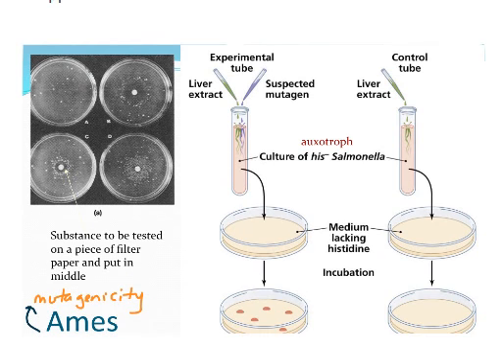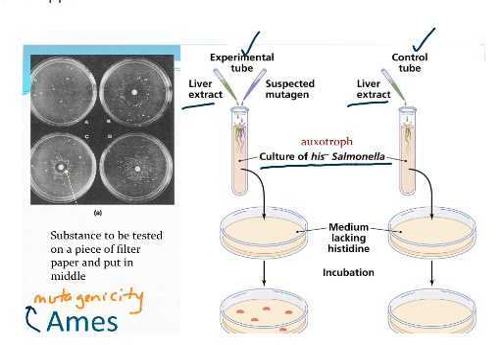So if you take a look at this picture right here, on one side you have an experimental tube, and on the other side you have the control tube. Both of them contain liver extract as a nutrient source, and both of them have a His minus salmonella strain.